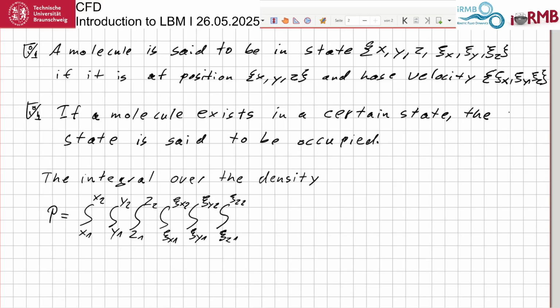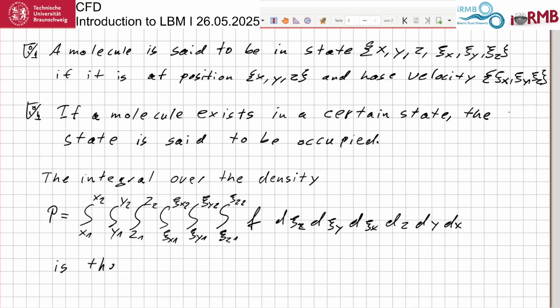This is not the largest number of integrals that we sometimes need. So we have a probability density f, and we integrate this over xi z, xi y, xi x, and so what was the order? That y, x.